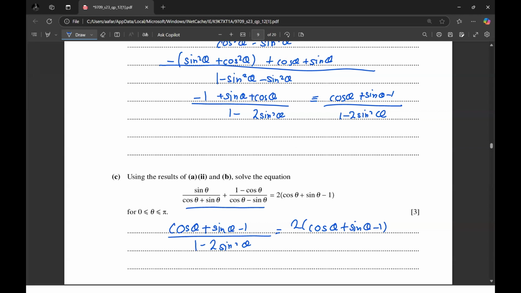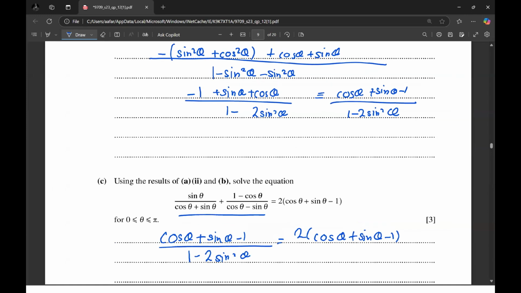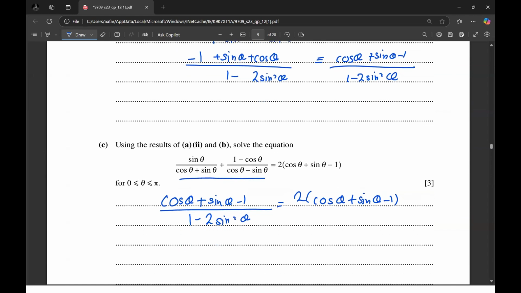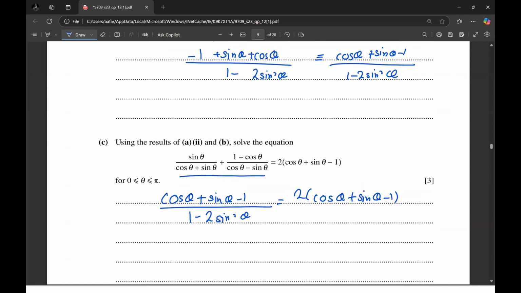You can think that we cut these two out, but it is never a good idea to cancel out variables on either side of the equation, since they may contain a solution which we then miss. So the best way is we simplify it using 2. You don't open the bracket, you will understand why, since minus 1 multiplied by 1 minus 2 sin square theta.